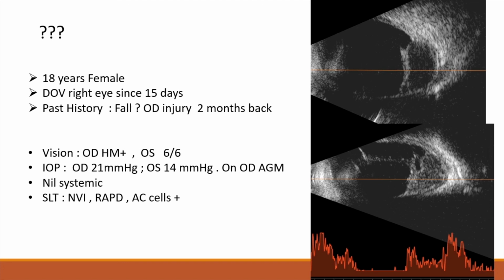What do you see? Describe the ultrasound. Vitreous membranes show focal traction also, and clump echoes. Is it a clump echo or was it membranous? Okay.